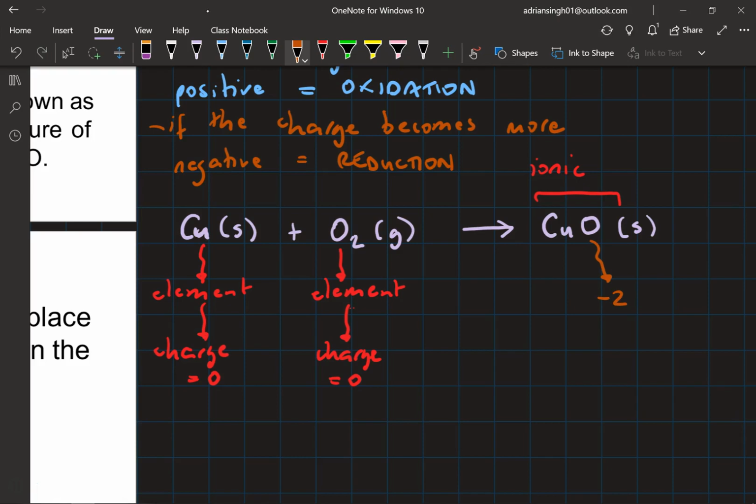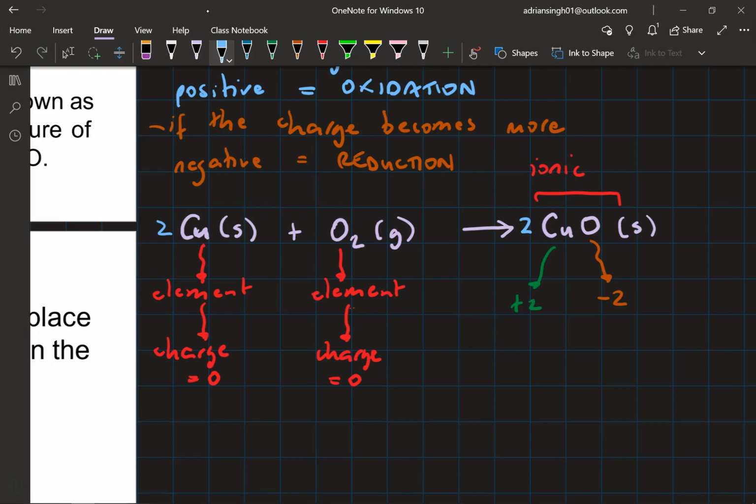And because this entire compound has to be neutral, the copper then has to have a +2 charge. Just to make sure that this equation is balanced, I'm going to balance it: you have 2 copper oxides, and then we're going to have 2 coppers here. The coefficients that we use to balance don't affect charges. Those just make sure that we don't lose or gain atoms.